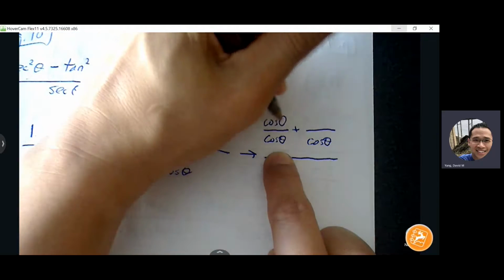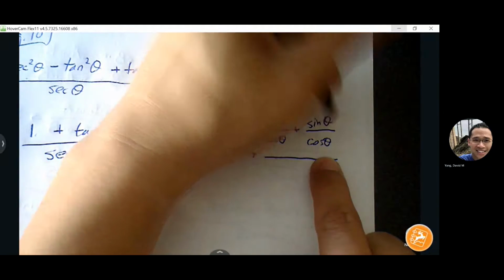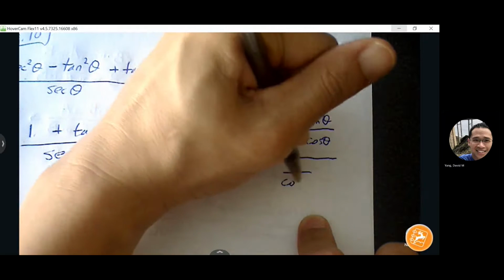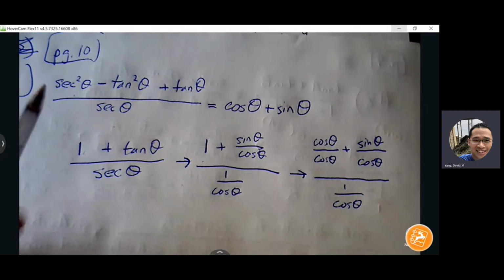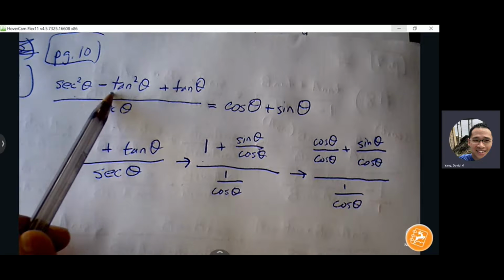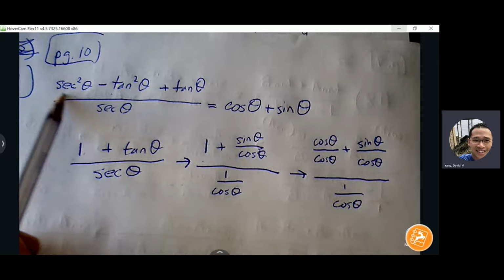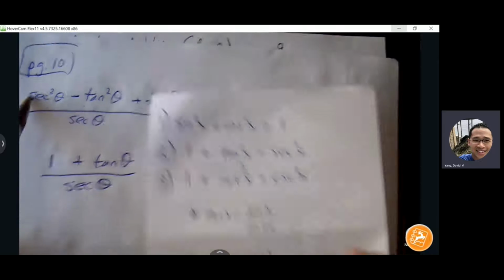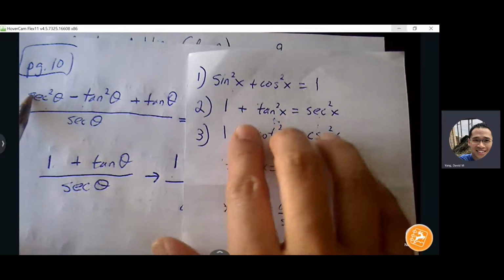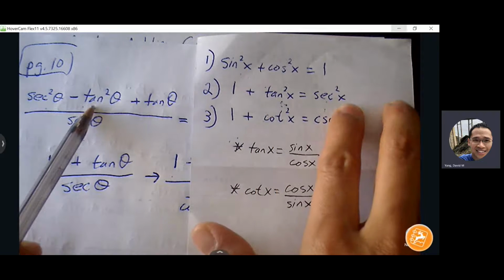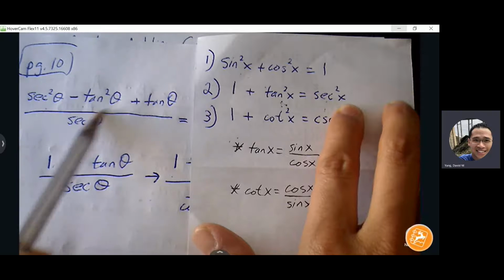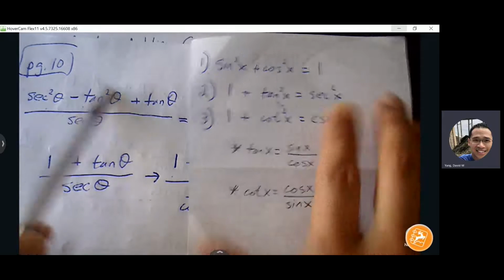Cosine over cosine is 1. One plus tan theta. The reason why is because we played with this secant squared minus tangent squared. I'm able to use an identity to get that to go away because I know that 1 plus tangent squared is secant squared. So secant squared minus tangent squared is just equal to 1. So this whole thing just goes away, it just becomes 1.